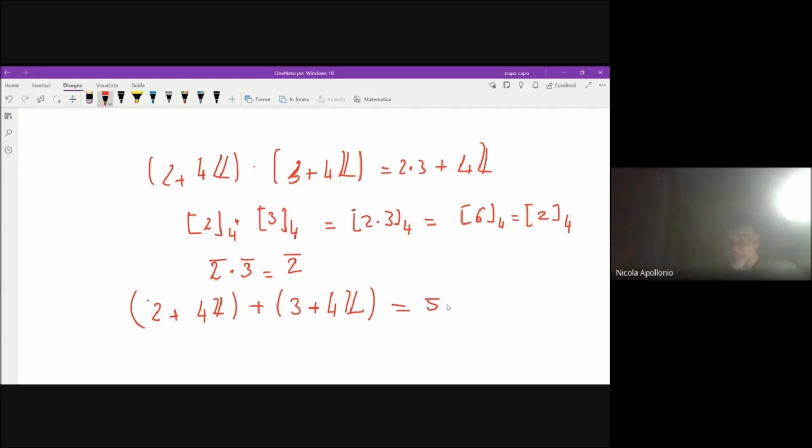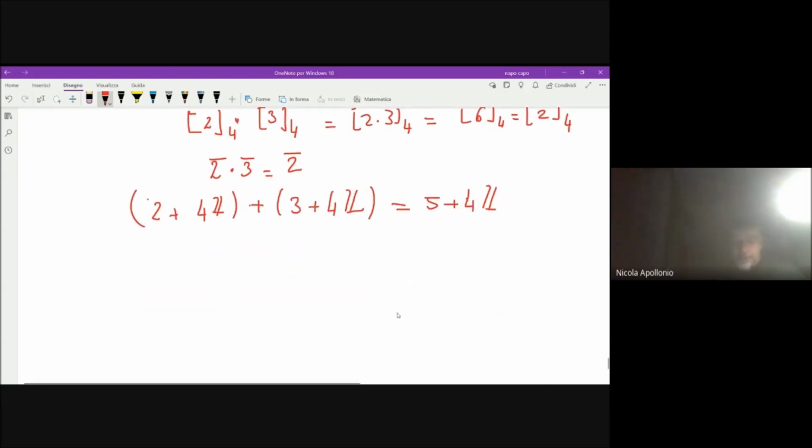So the result is always, now that we have defined the operation, this is actually an equality sign. And then, plus 3 modulo 4, the sum of the classes of two particular elements is equal to the class of the sum of those particular elements.